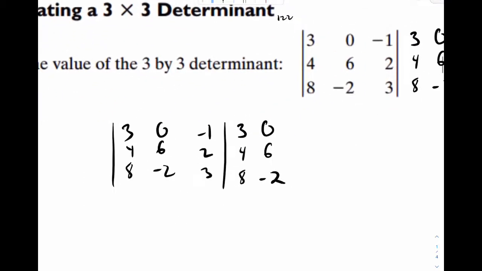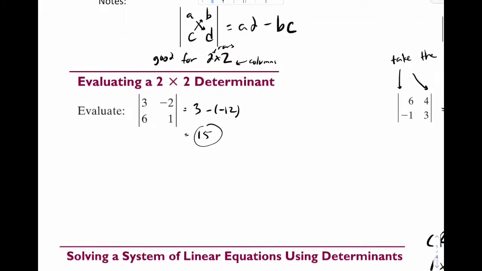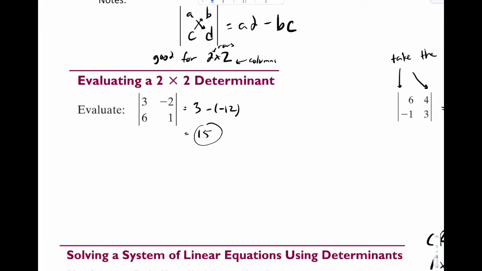So once we're here, we're going to apply the same idea. We're going to use the diagonals like that. And notice how there are 3 diagonals: 1, 2, 3. We're going to multiply those just like we did in the 2 by 2 here. So notice how I did 3 times 1, that's your 3.